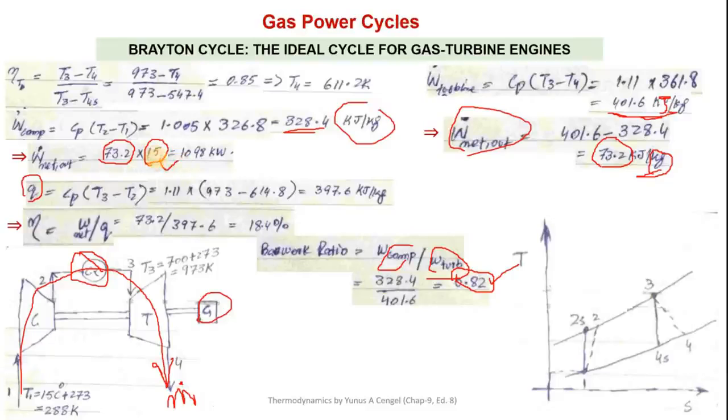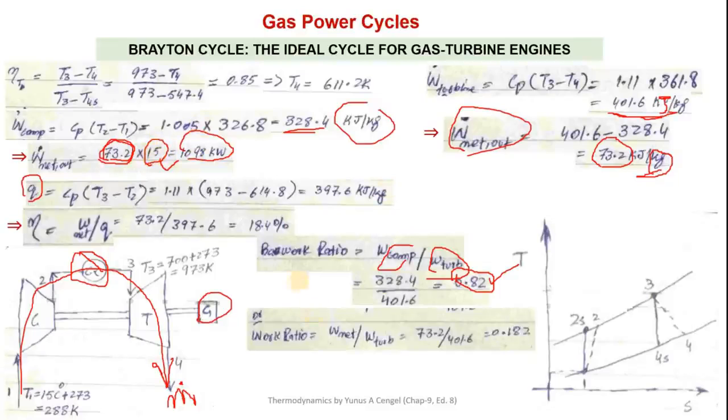So 15 kilograms of fluid or air has to flow through this turbine in every 1 second to get 1100 kilowatts, because from 1 kilogram we can get maximum of 73.2 kilojoules, but we want to have 1100 kilojoules in 1 second. So that's why the mass flow rate has to be 15 kilograms per second.